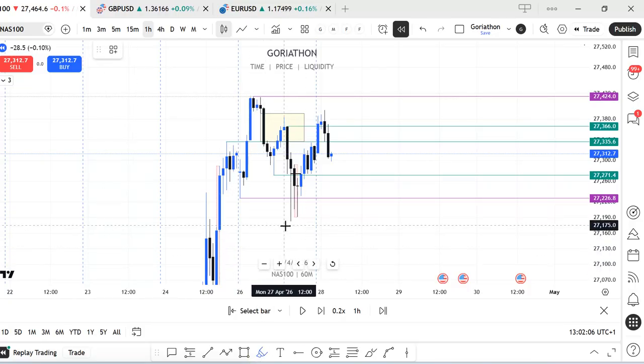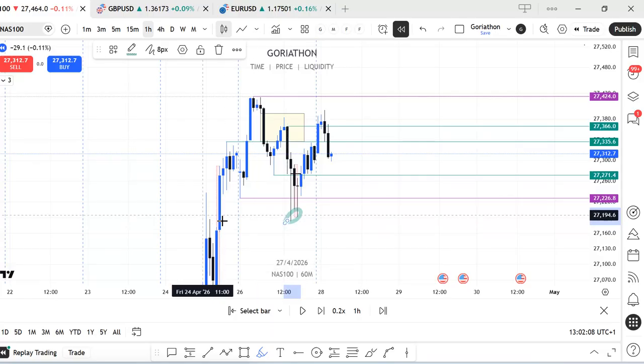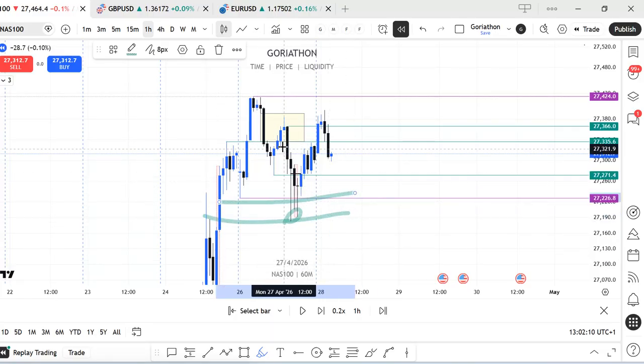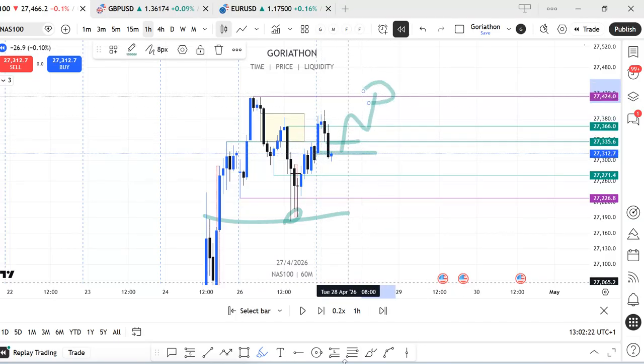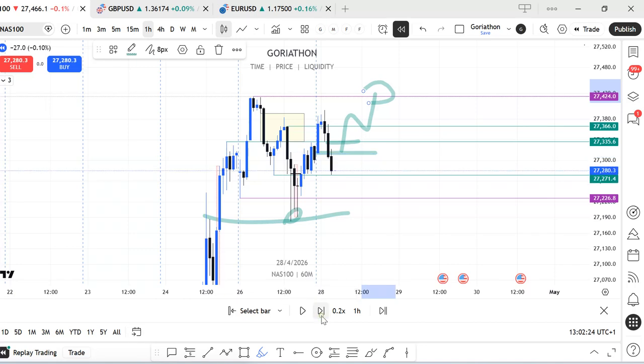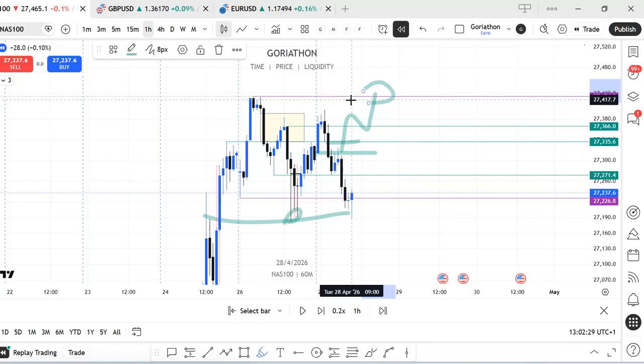Look what price is creating here, fair value gap, then price inverses this 1 hour fair value gap, dips here, creates a new low. Now what we want to see is this 1 hour being disrespected, push here and then go up, right?